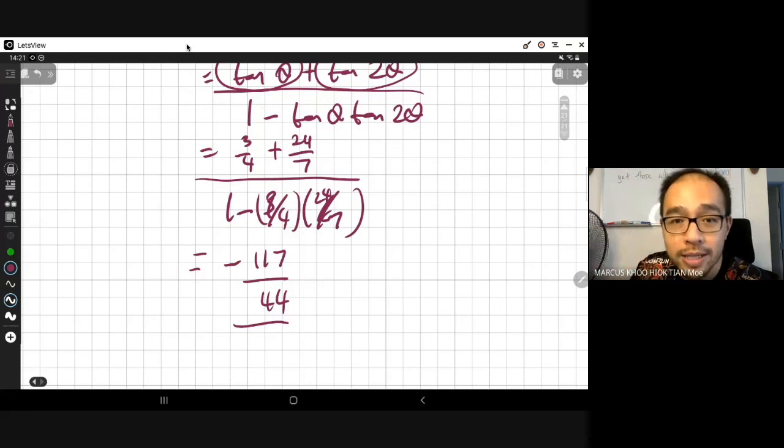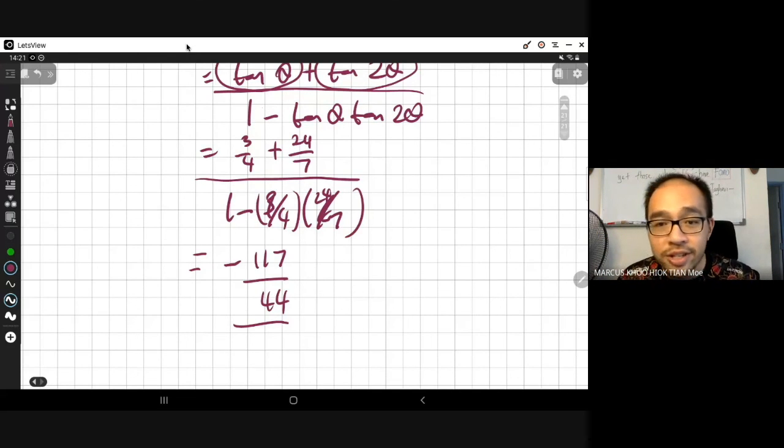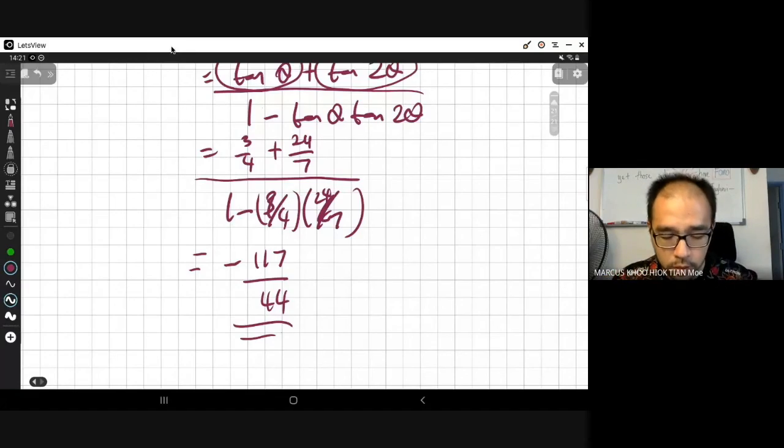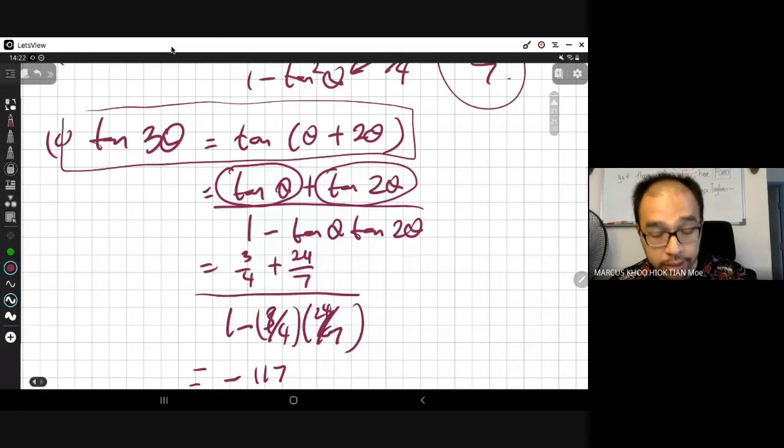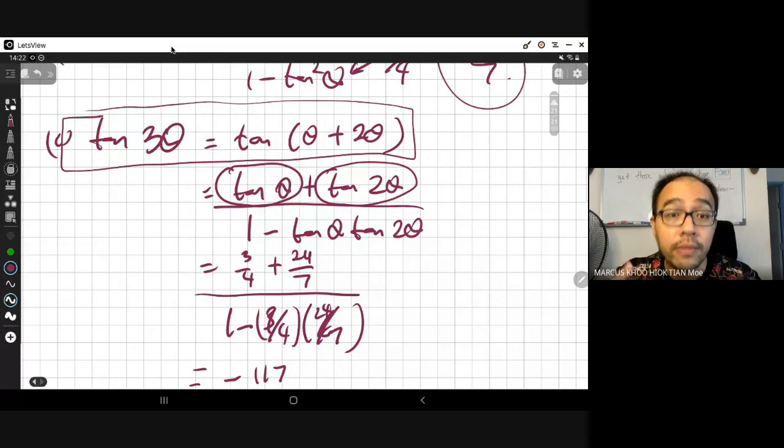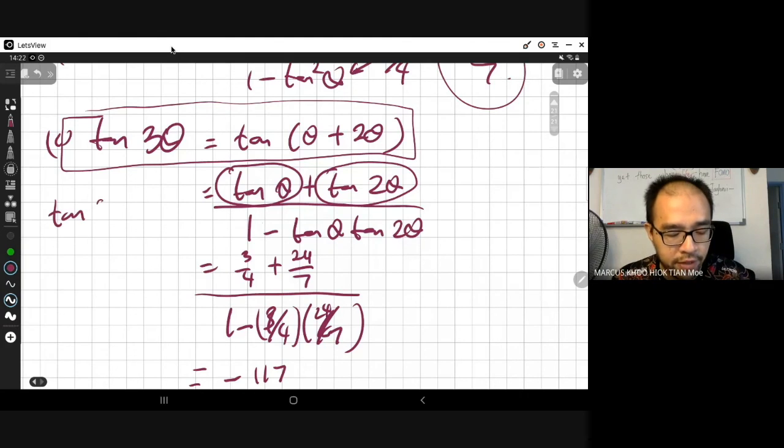But the point is that tangent 3 theta can be shown by using the addition formula. What I wanted to show you is that tangent 3 theta can be derived with tangent of theta plus 2 theta. And if you have the value of tangent 3 theta, you can find a lot of things. Tangent 5 theta also can.